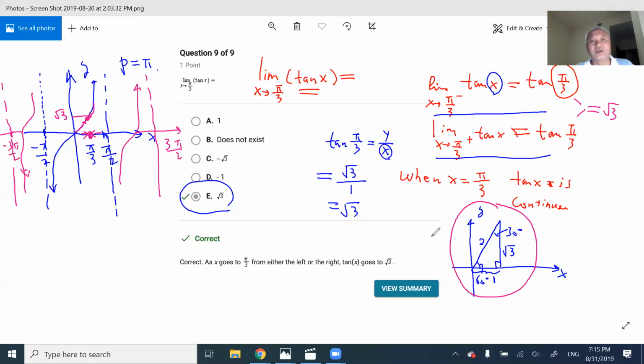So this question is closely related to the trig functions. And the limit just says go through that value, what the value of x will be. That's not hard. The harder part is you should quickly use all those basic functions, the ones we learned before. Okay? If you have any questions, please let me know.